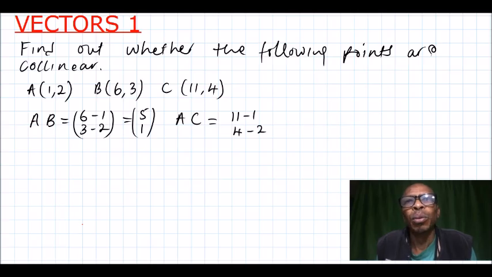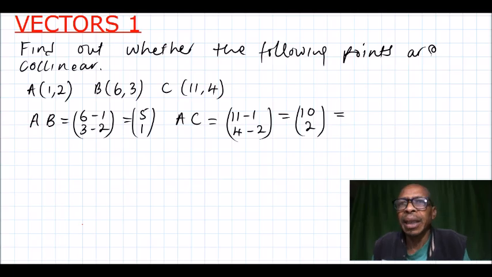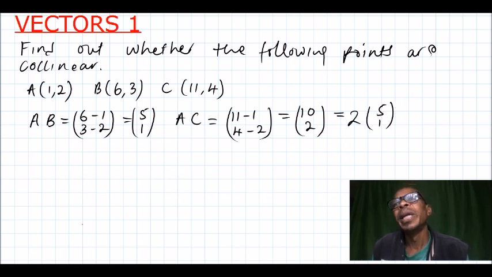That will give us 10 and 2, which we can factor out. I can factor out 2, and we are left with 5, 1. When you open the bracket, you multiply. 2 times 5 gives 10, and 2 times 1 gives 2. So we have not changed our vector.